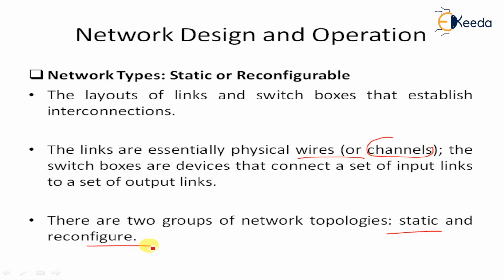In the case of the second, reconfigurable networks provide reconfigurable connections between nodes. The switch box is the basic component of the dynamic network. With this network, connections between nodes are established by setting the set of interconnected switch boxes.